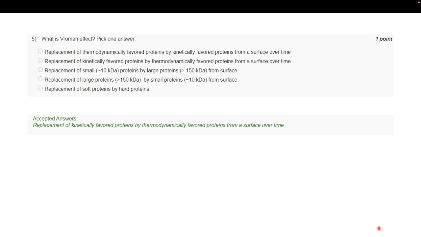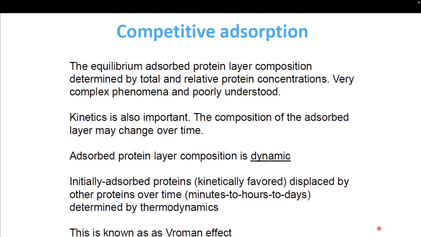The correct answer is replacement of kinetically favored proteins by thermodynamically favored proteins from a surface over time. This is known as the Roman effect. What this essentially means is, as I said, the absorption of proteins onto a biomaterial surface is very competitive.